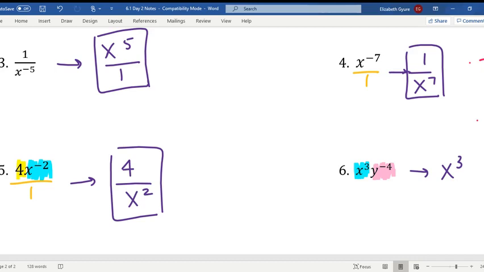It needs to go, well, so you were right the first time. The x has a positive exponent, so it's going to stay. You don't have to change anything. But this negative exponent means we need to move this to the bottom. So it's going to move to the bottom and become a positive 4. So you're just moving that one little part over.